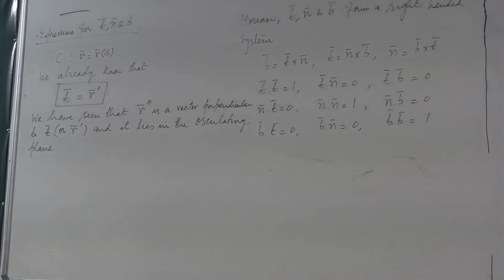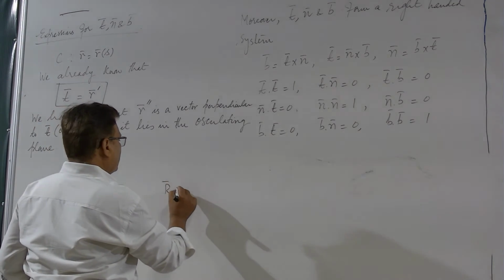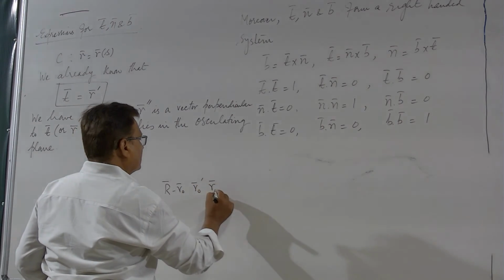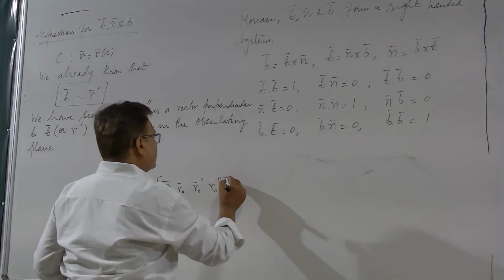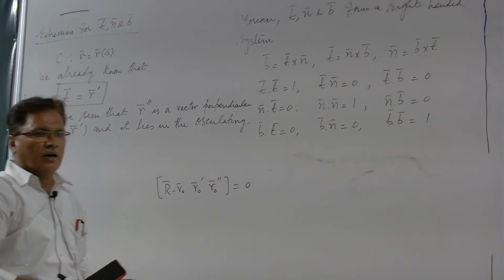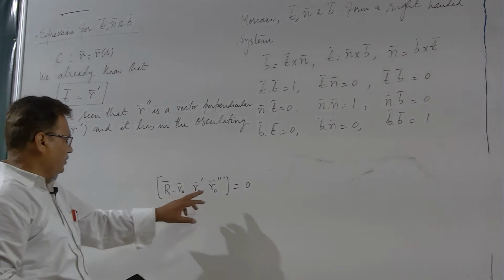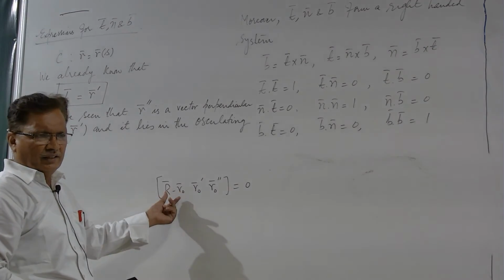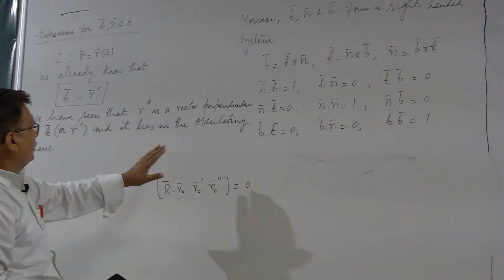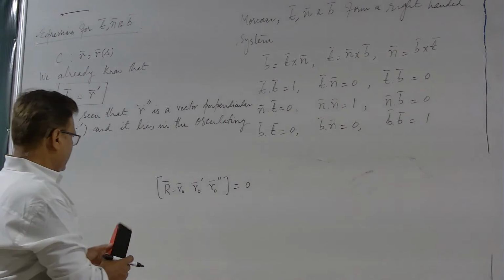Why does it lie in the osculating plane? Because the equation of the osculating plane is that the scalar triple product of R minus R0, R0 dash, R0 double dash is equal to 0, meaning these three vectors are coplanar, they lie in the same plane, the osculating plane.